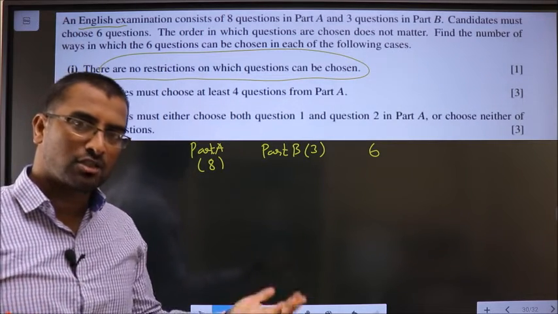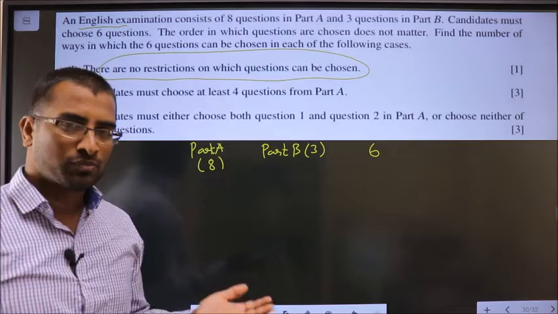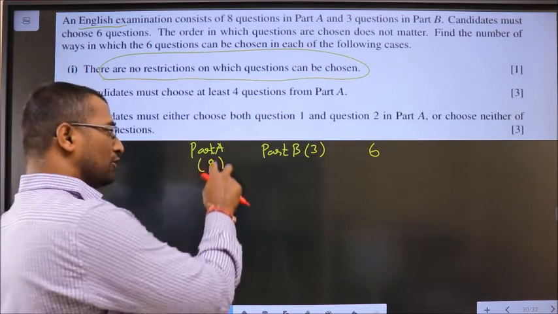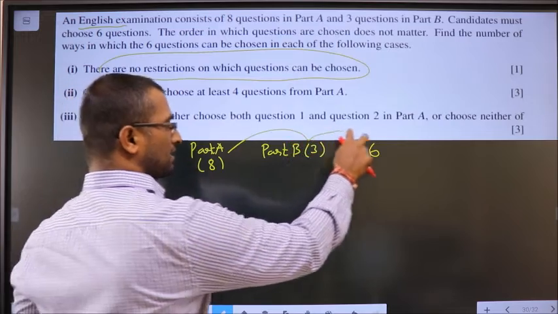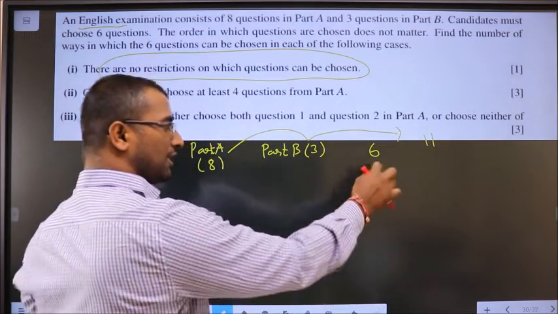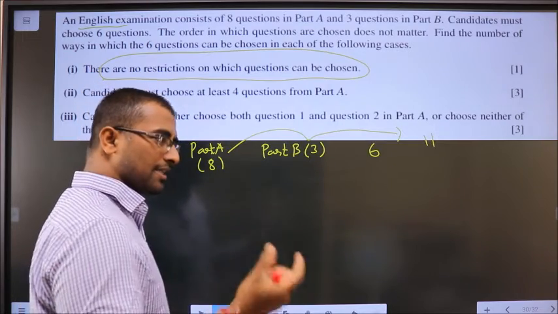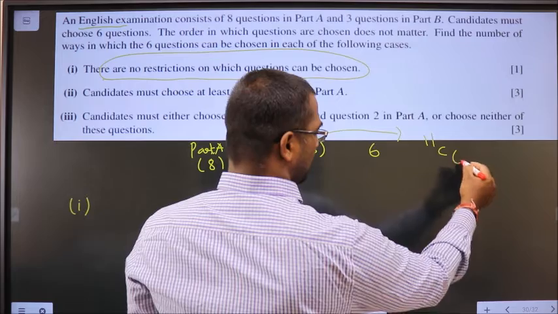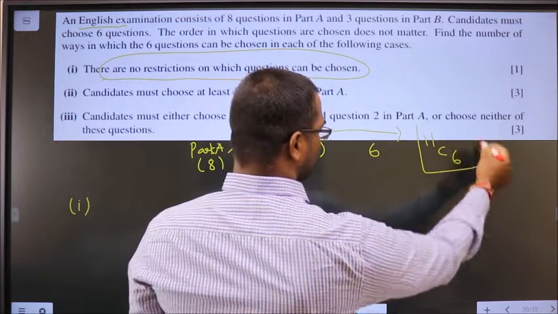Don't specify part A or part B. In total, you have 8 plus 3, 11. From these 11, you need to select 6 without any restriction, which can be done in 11C6 ways. So this is your answer.